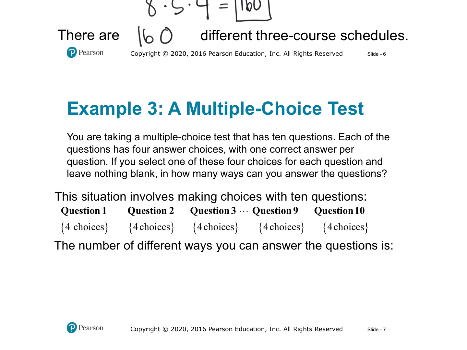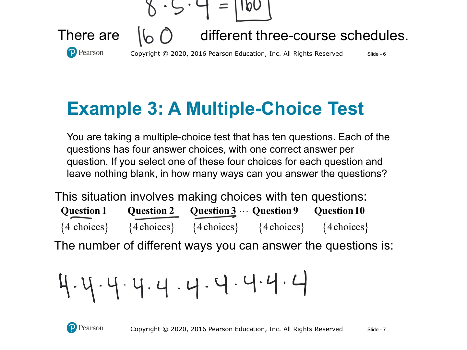So what that means is you're going to have 4 for question 1, times 4 for question 2, times 4 for question 3. And see how it has that dot, dot, dot? So question 4, question 5, question 6, 7, question 8, question 9, question 10. So 1, 2, 3, 4, 5, 6, 7, 8, 9, 10.